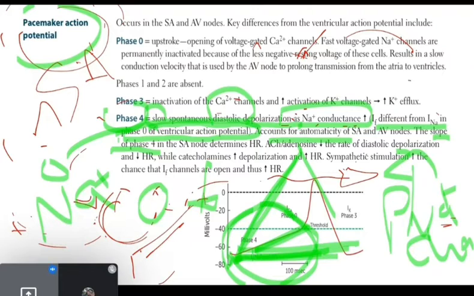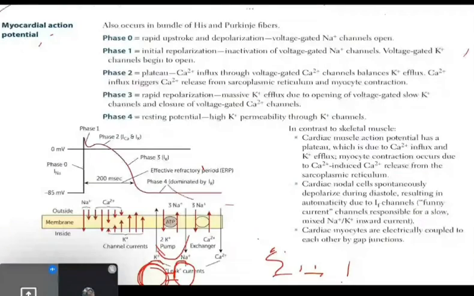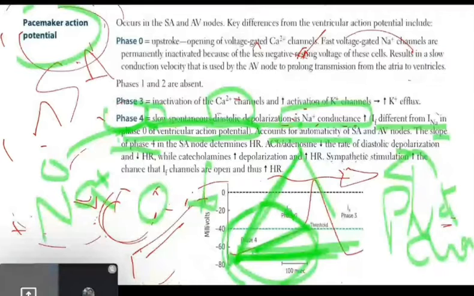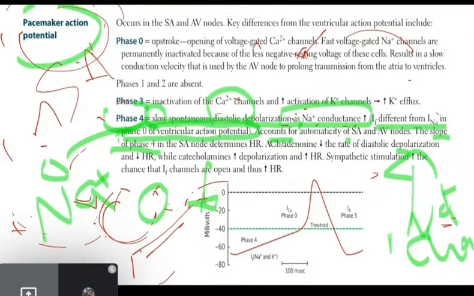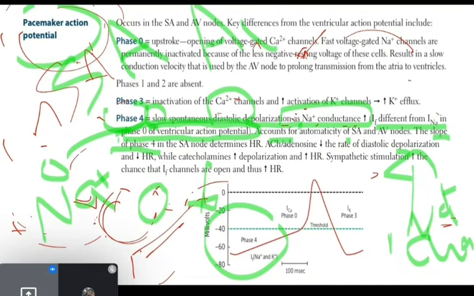سرعة الأكشن بوتنشال. إذا كان الأكشن بوتنشال أسرع عندكم هارت ريت بيكون أسرع وأكثر، لأنه عندك السيجنال اللي بتيجي أسرع فالقلب بالقبض بشكل أسرع. So this slope اللي هو بداية الventricular contraction which is phase 4 بعد ما تنتهي ال SA node وال AV node action potential.